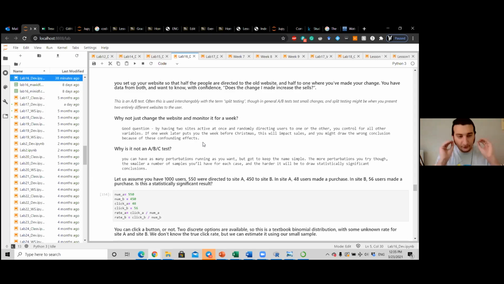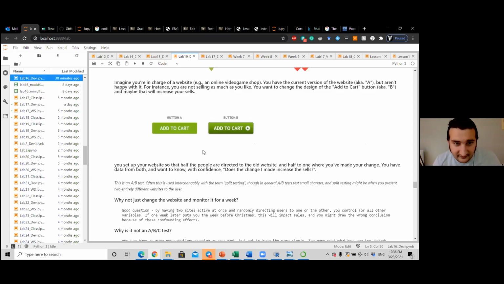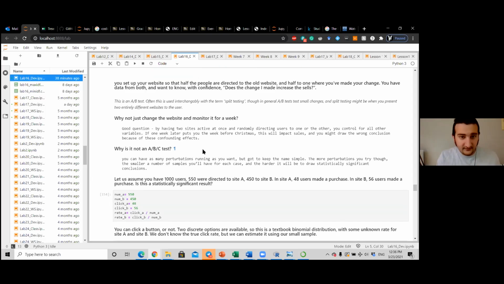You want to try and make the two scenarios very, very identical, with the parameter that you're looking for being the only change. So I want my group A and group B to have the exact same experience. The only difference will be the design of the add to cart button.